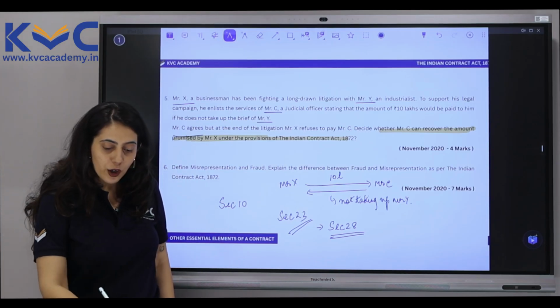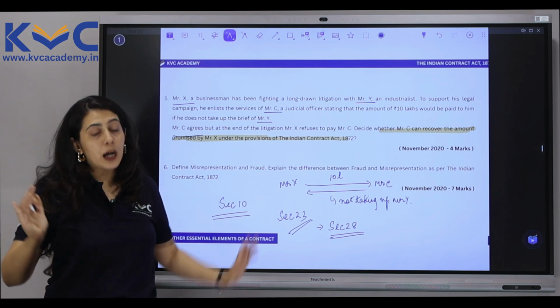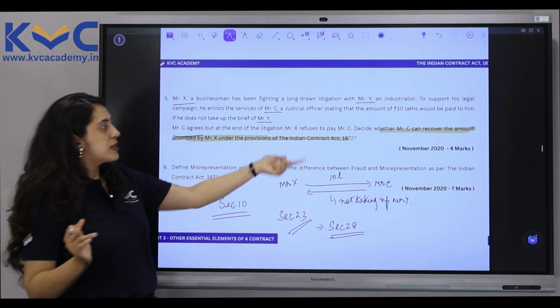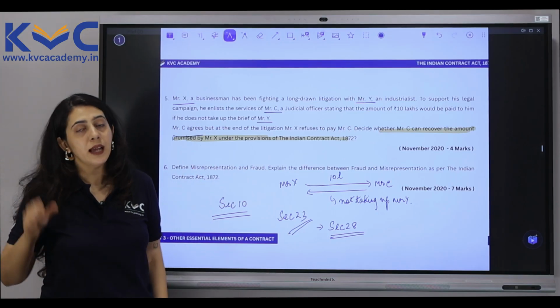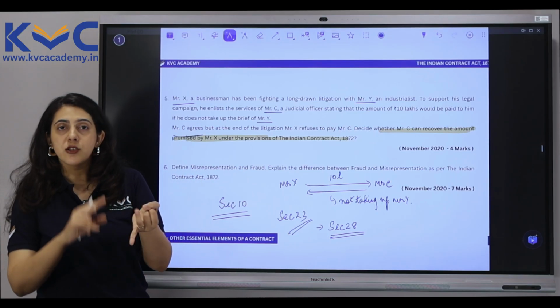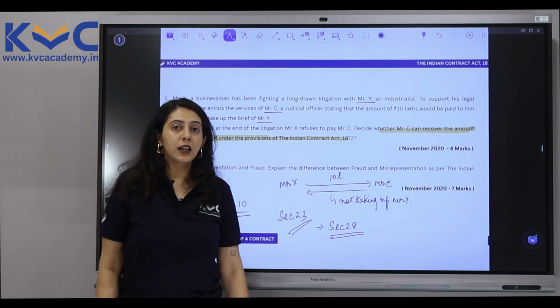Absolutely not. These are your 3 provisions which will be applicable, and then your conclusion will be applying these above provisions. Mr. C cannot recover the amount promised by Mr. X since the agreement between them included unlawful consideration as well as unlawful objective, and it was in restraint of legal proceedings.